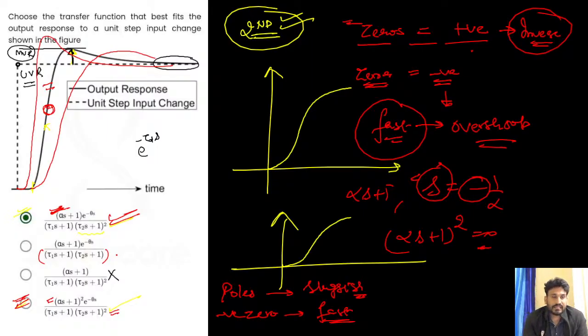And in the non-interacting system, the total transfer function is only the multiplication of the individual transfer functions. So here we can see that this is the multiplication of the individual transfer functions, right? So this makes the function even more fast as compared to this, because here also negative zeros are there. Also this is a non-interacting system, so this system shows more fastness as compared to the other transfer function, the interacting ones.